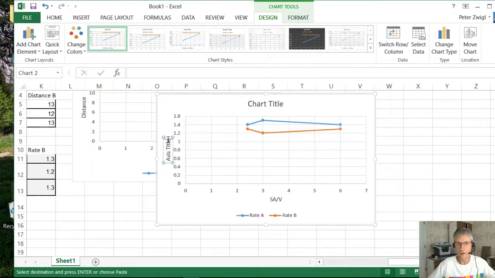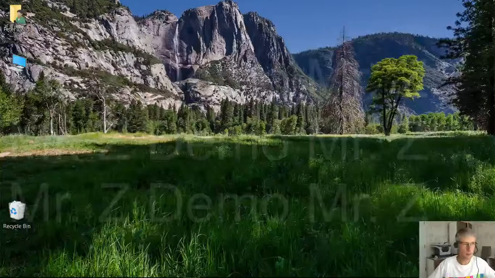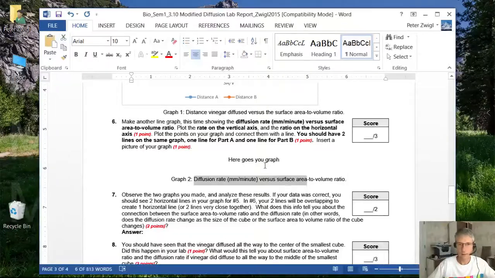And Google Sheets is very similar, right? So this is the rate. If you're nice, you say in what did we measure? We measured the rate in millimeters per minute, right? That's what our units are. We grab that graph and we'll put it back in the lab report. Your graph goes here.